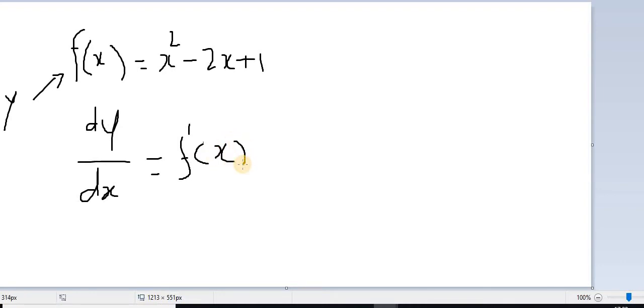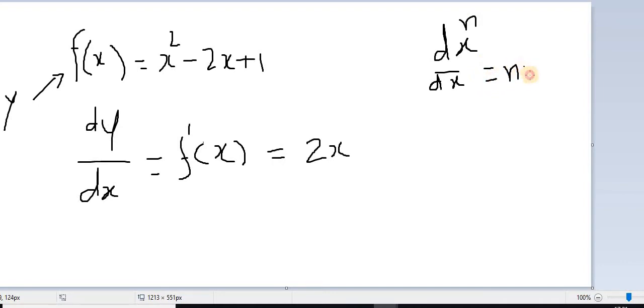When you calculate the derivative of this, the derivative of x square is 2x, and we are using this equation. If you don't know the fundamentals of calculus, you can understand this: d by dx of x raised to n is equal to n x raised to n minus 1.